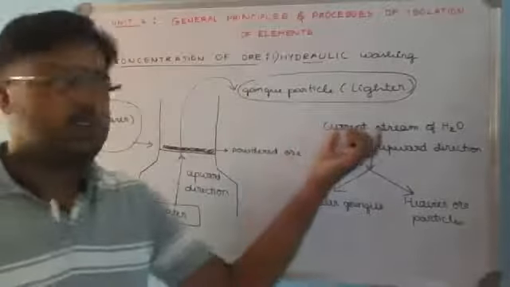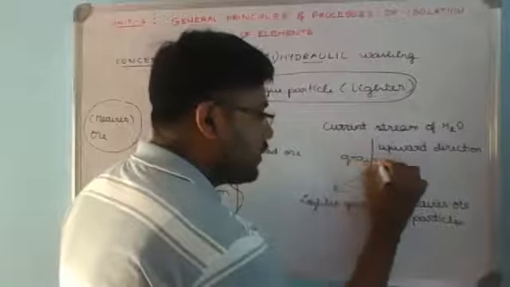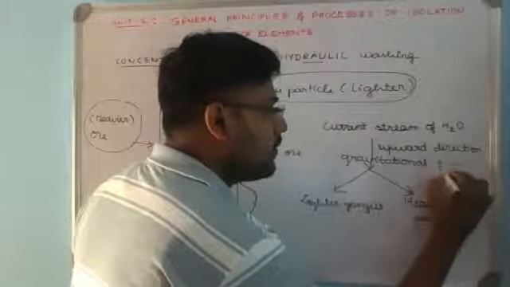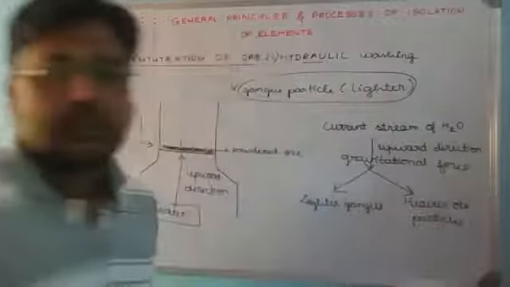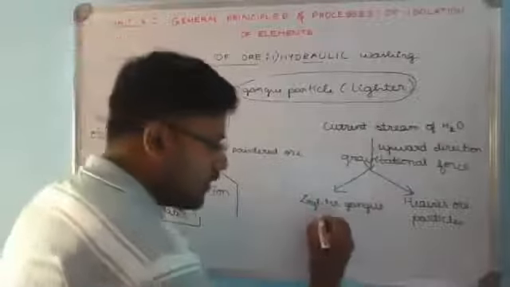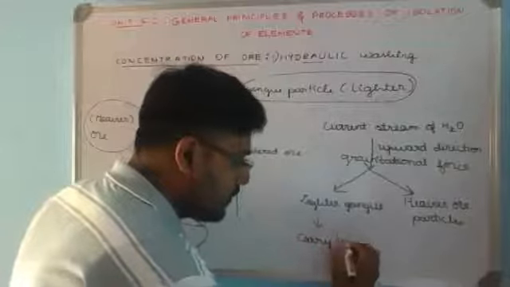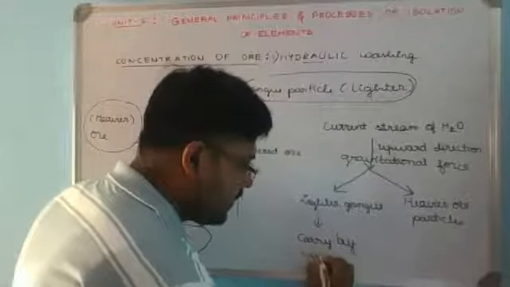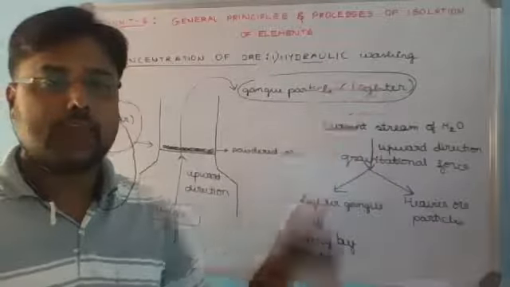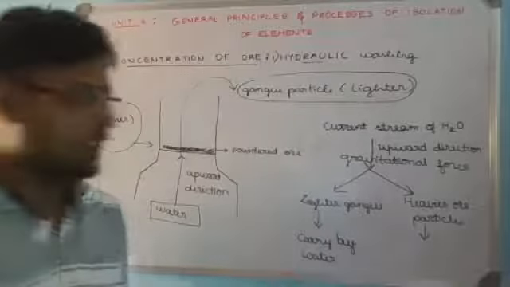During the movement of the upstream of water, the gravitational force acts on them. The lighter gangue particles will be carried by the water, whereas the heavier ore particles, which are acted on by the gravitational force, are not carried by the water because, being heavier in nature, they settle.